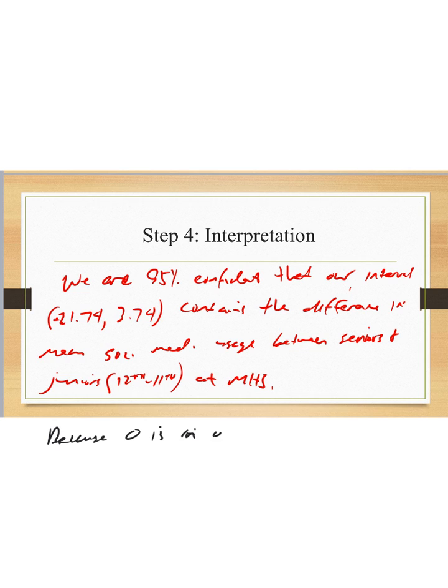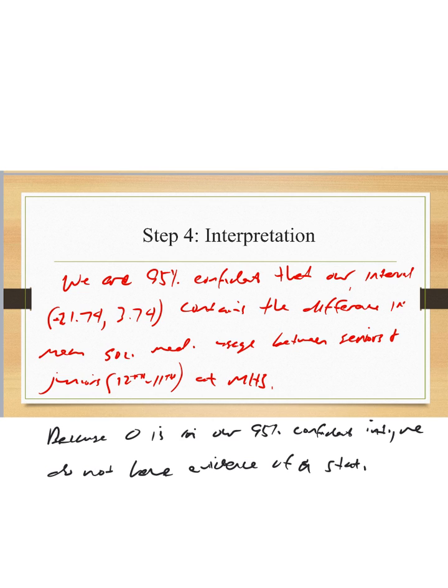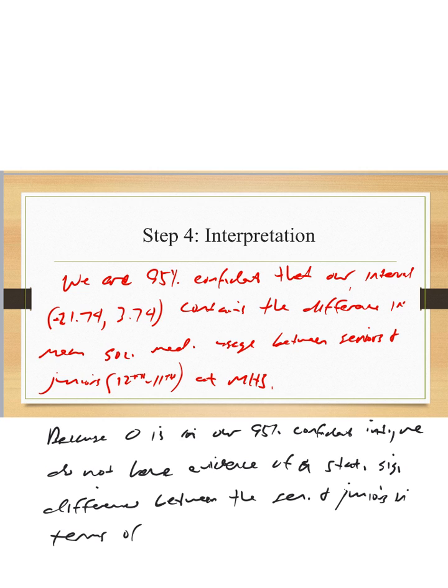So because 0 is in our 95% confidence interval, we do not have evidence of a statistically significant difference between the seniors and juniors in terms of social media usage per day.